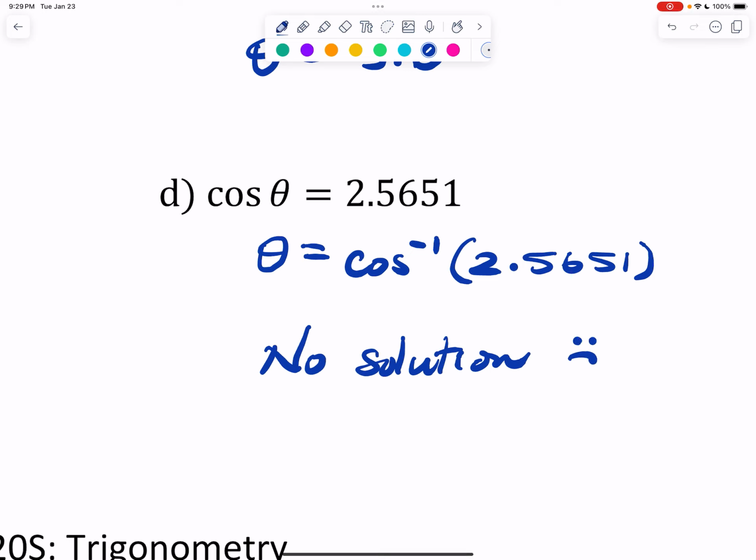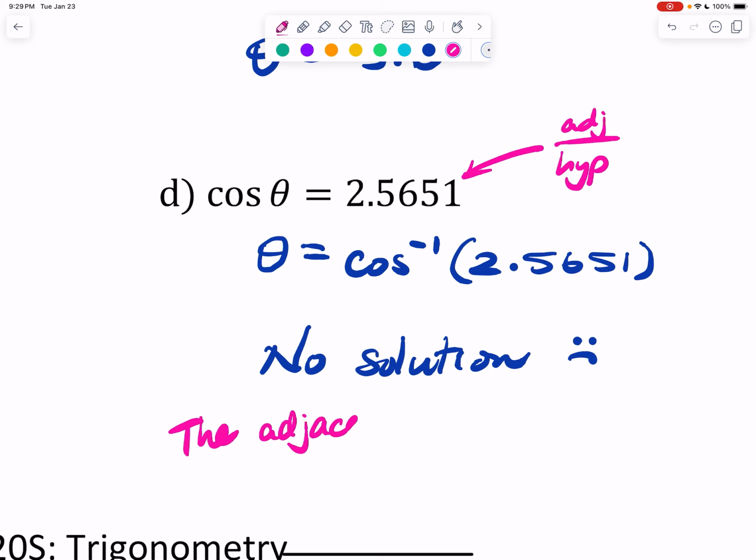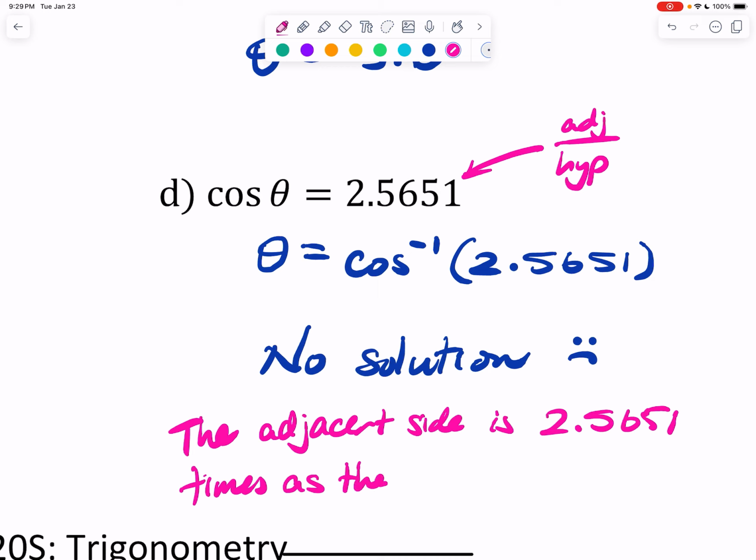And the reason is because we said that adjacent divided by hypotenuse was 2.5651. So the adjacent side was 2.5 times as large as the hypotenuse.